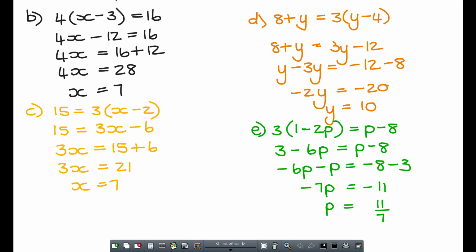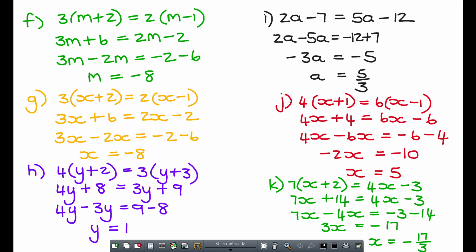Okay, can I skip? Okay, there's F until K. Quickly mark. So now you will see at G, we've got 2 brackets. So yeah, we have to use the method of multiplying in those brackets.